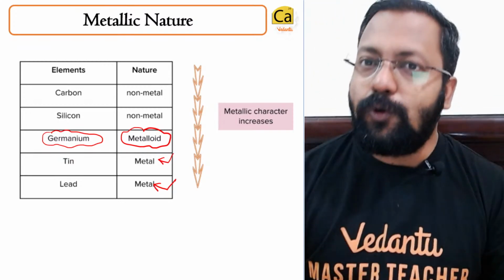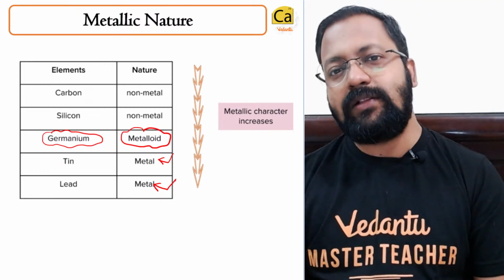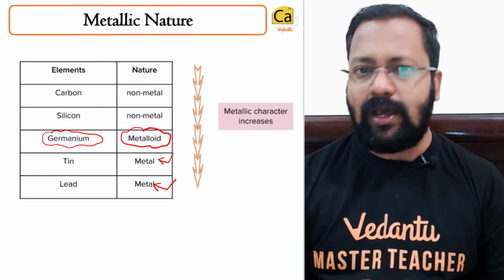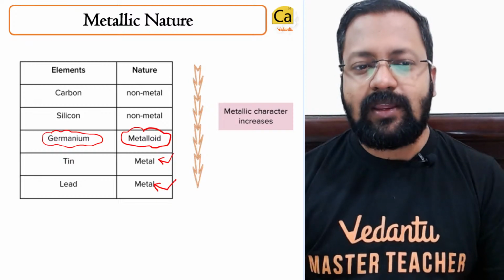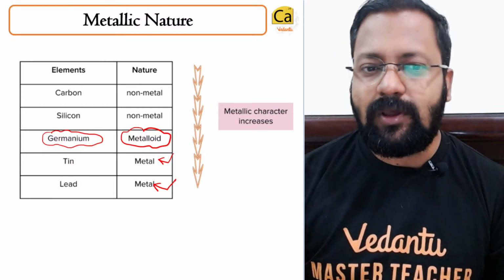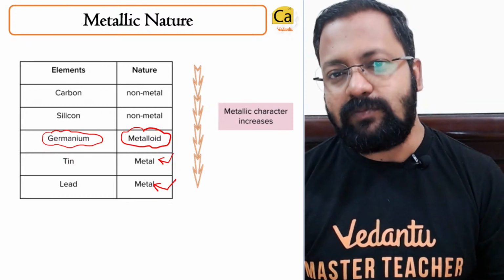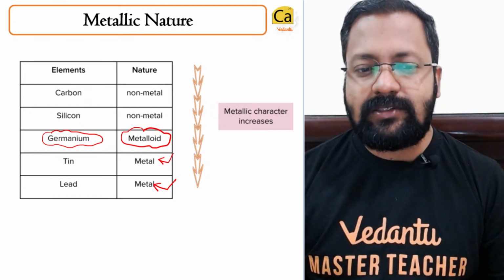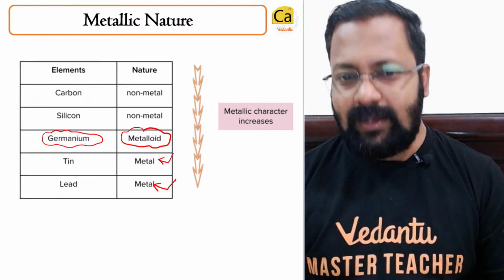So there are two metals, two non-metals and a metalloid. An even distribution, अच्छा distribution है. Carbon and silicon, both of them are non-metals. Germanium is metalloid, tin is metal and lead is also metal.